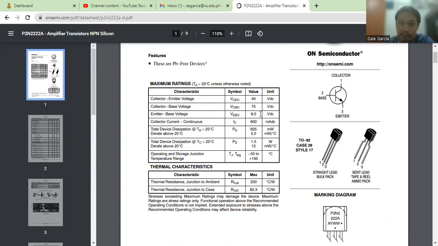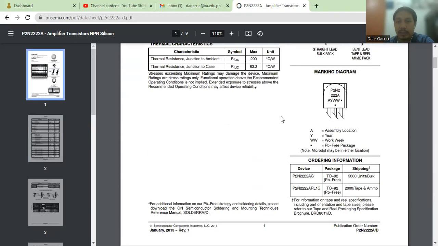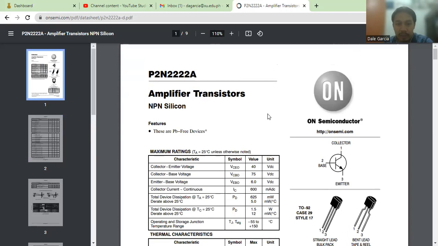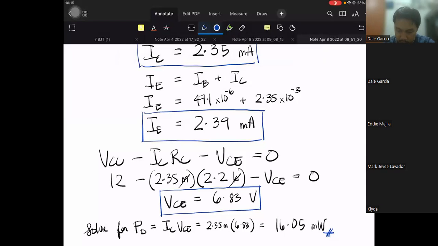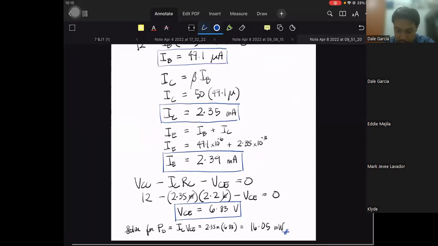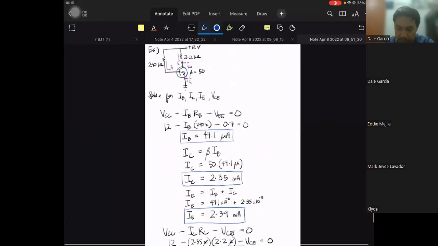We use 0.7, right? So this is the maximum. At least we learned something new today. So these are the values we obtained with a beta of 50.